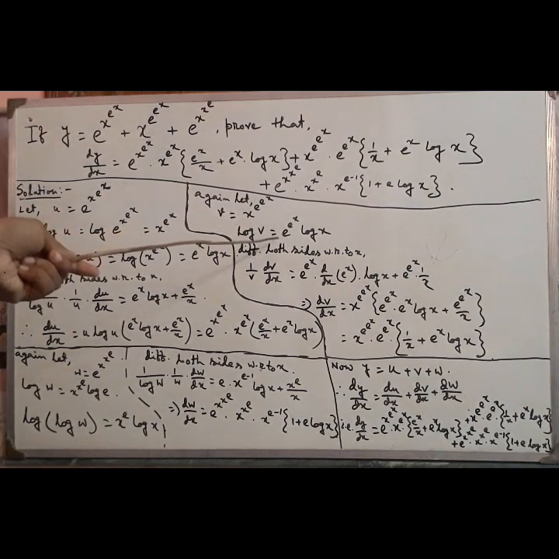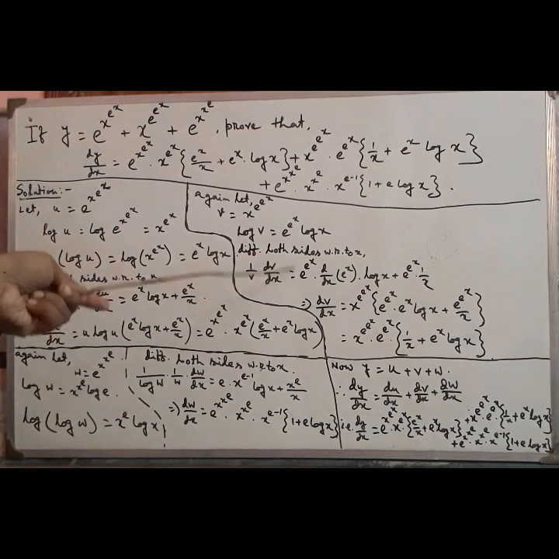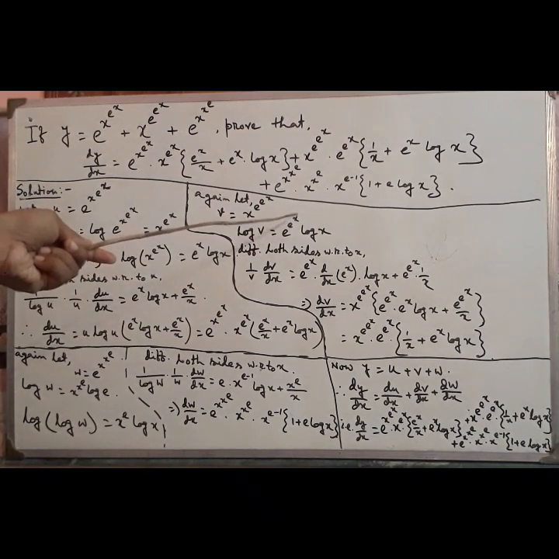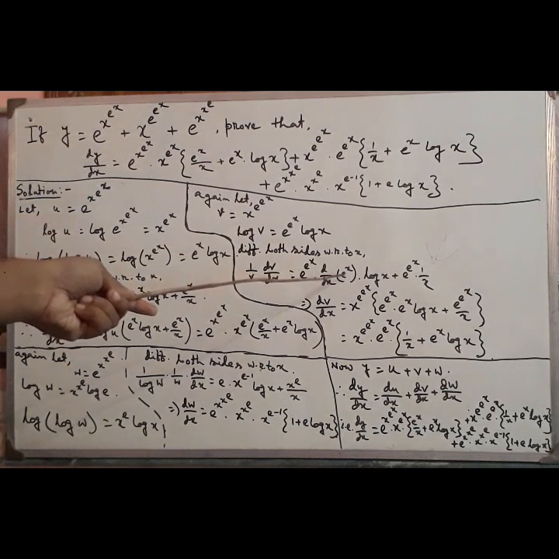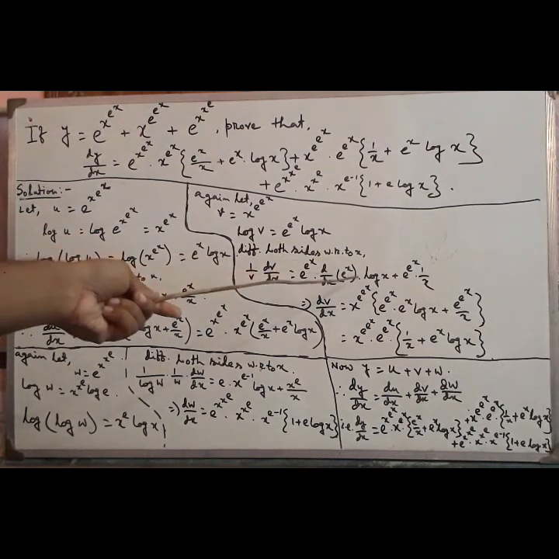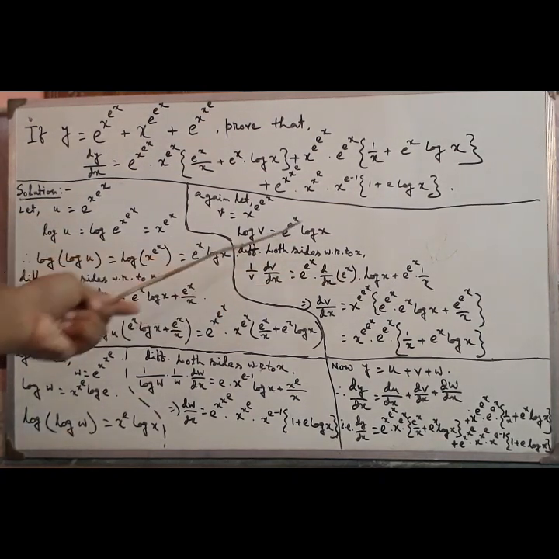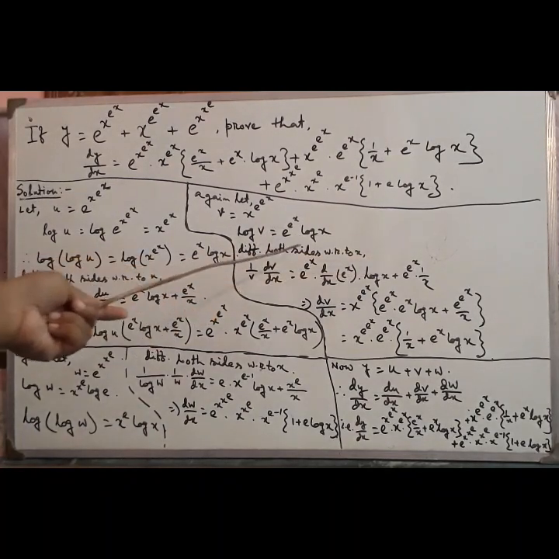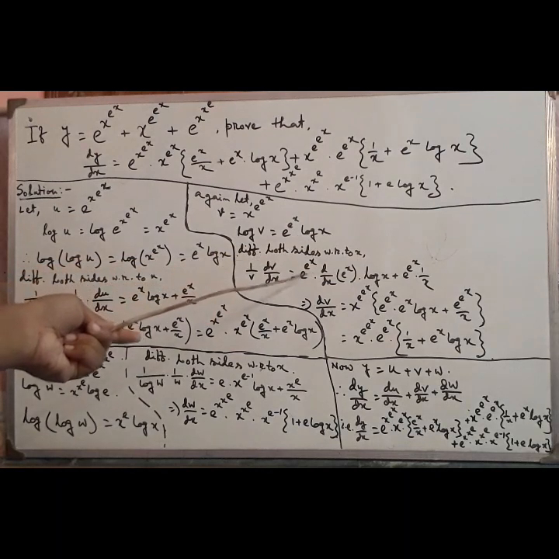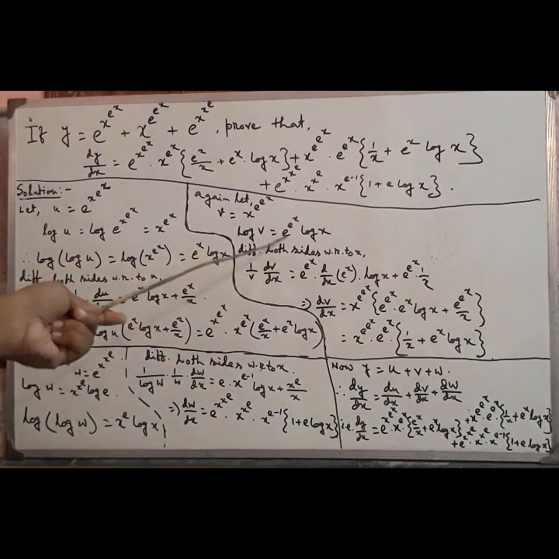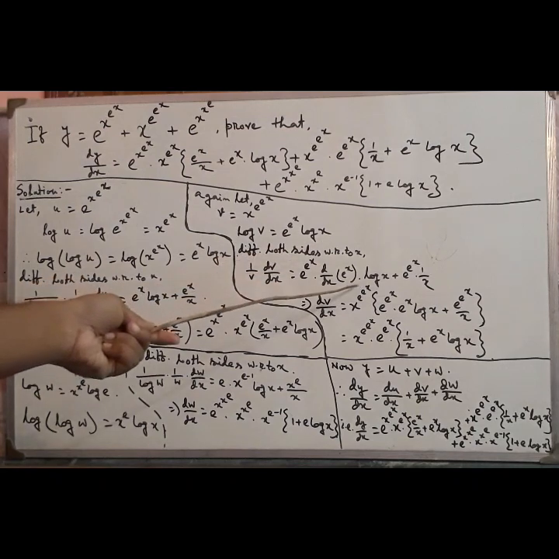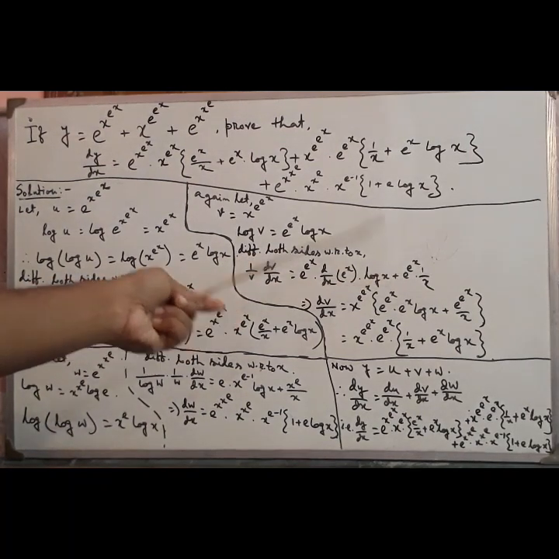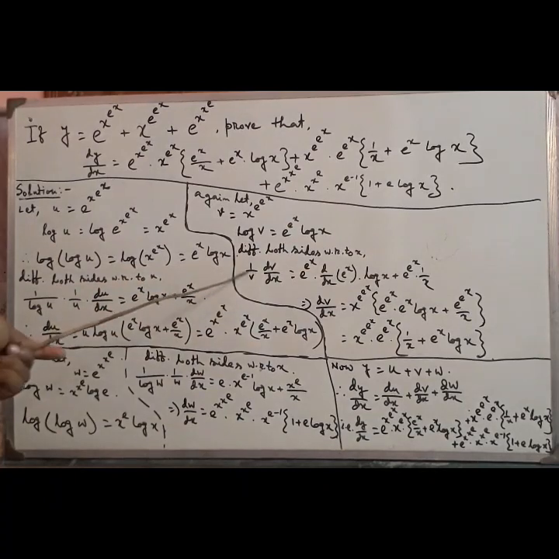The derivative of e to the power x is e to the power x, but this power is not x, so into d/dx of that power, log x will remain the same, plus this first term into the derivative of log x, that is 1 by x. It is the uv form: derivative of the first function, the second function remains the same, plus derivative of the second function, then the first function remains the same. Now changing the side of v, the expression of dv dx you will get.